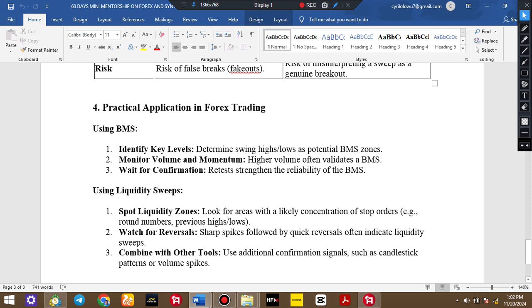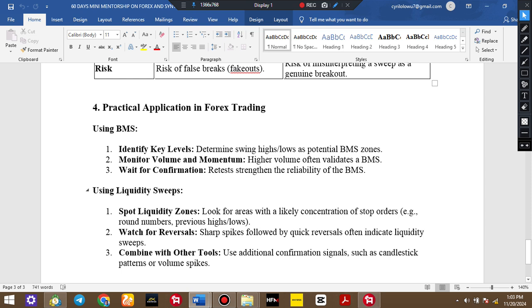When you watched the last video regarding market structure, they said what validates your structure is if the body of the candle closes with momentum above the previous high. So that is what validates it. This is the same thing that is being repeated here. If the momentum is very high, that means it has validated that there's a break of structure.